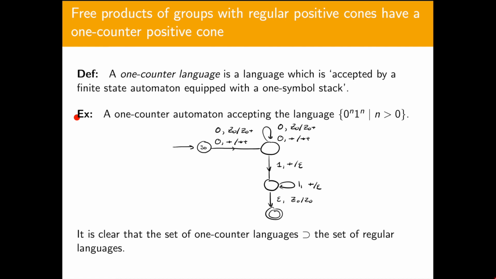I've written that in formal notation, but you don't really have to understand the notation to understand what I said. Once the stack is empty, you accept the word. It's clear that the set of one-counter languages contains the set of regular languages because one-counter automata are just regular automata with extra properties.